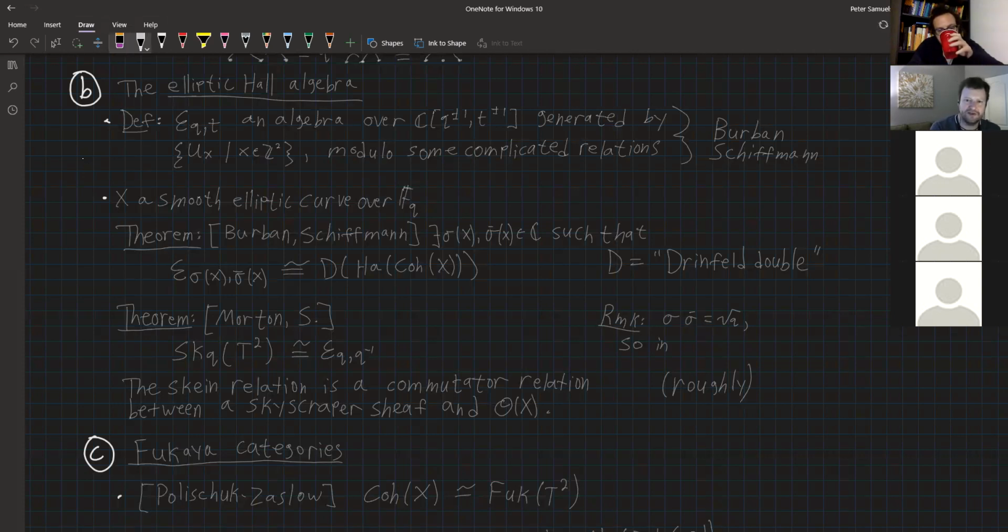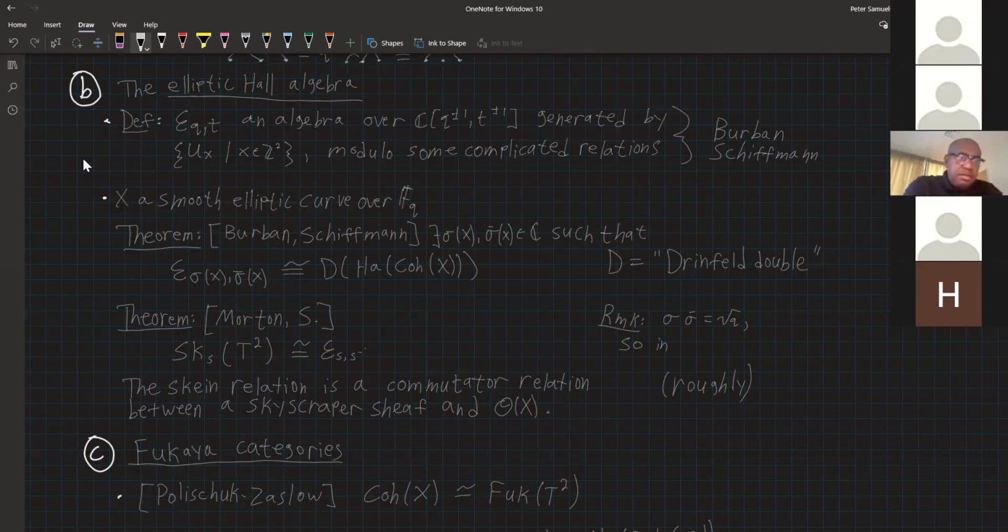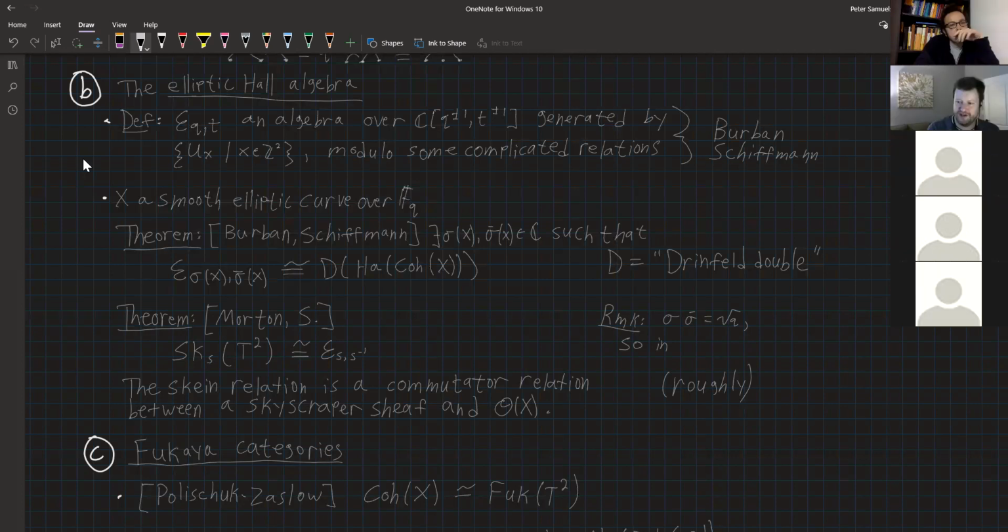Let me call it a Skein parameter, S. Okay, so when you make this specialization, Q equals 1. Q is the order of the finite field. I don't know if this means anything or not, but it's entertaining.